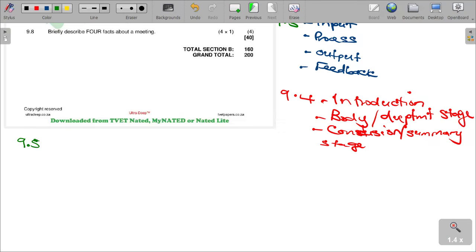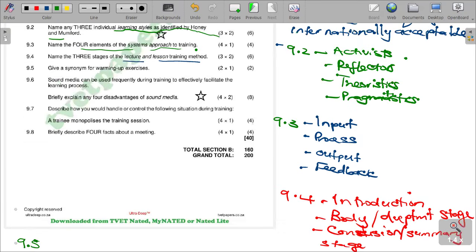9.5. Give a synonym for warming up exercise.